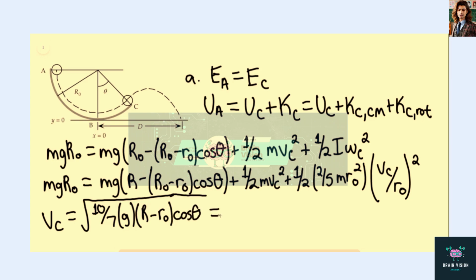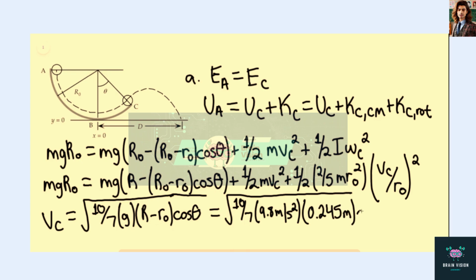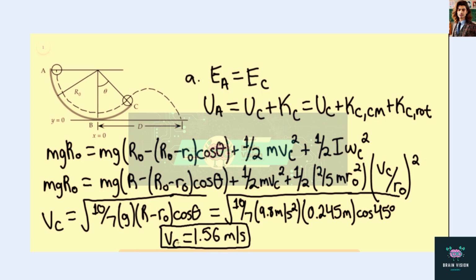Expanding, this equals the square root of 10/7 multiplied by 9.8 meters per second squared multiplied by 0.245 meters times cosine of 45 degrees. Evaluating the square root, v sub c equals 1.56 meters per second. This is our final answer for part A.